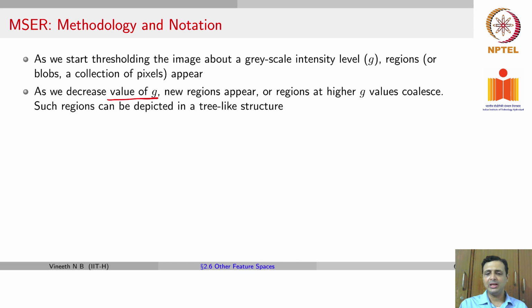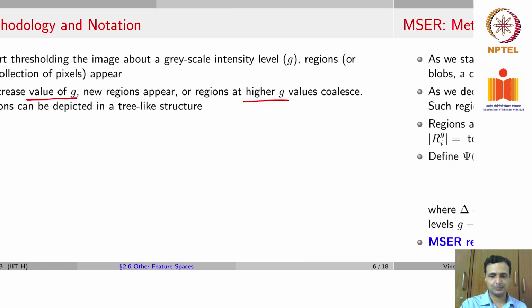And if you increase G, things would start coalescing, and these regions that get developed as you keep changing G values can be depicted in a tree-like structure. It's very similar to region merging and region splitting. As you reduce G, some regions may merge. As you increase G, regions may split based on their intensity values.